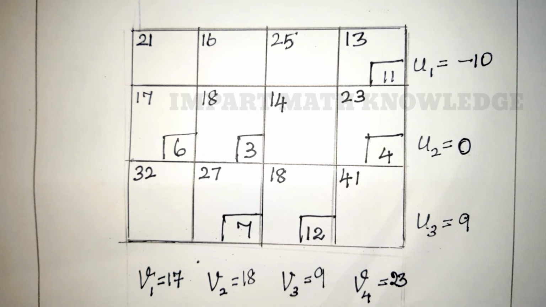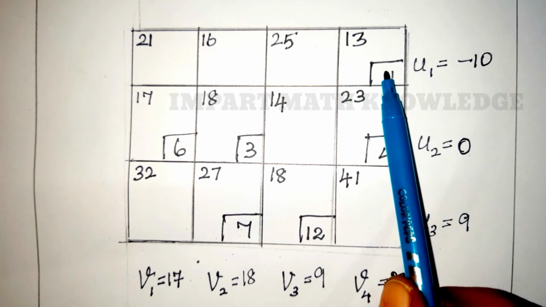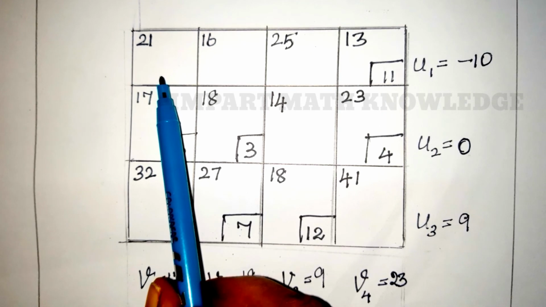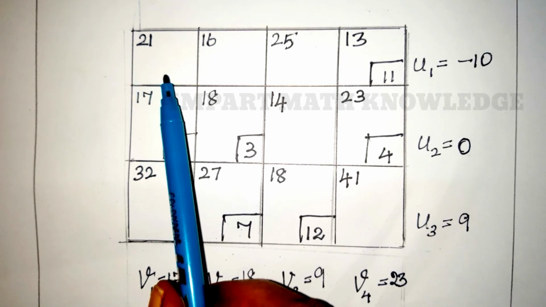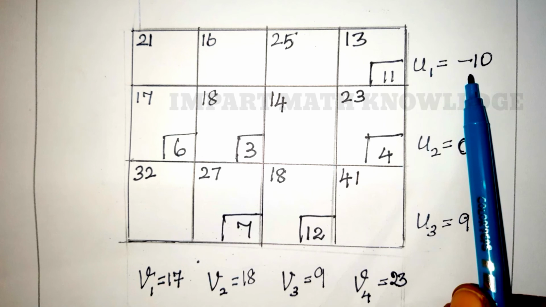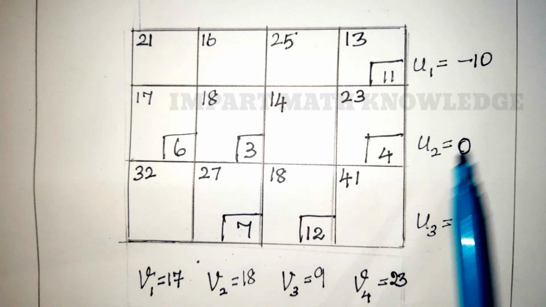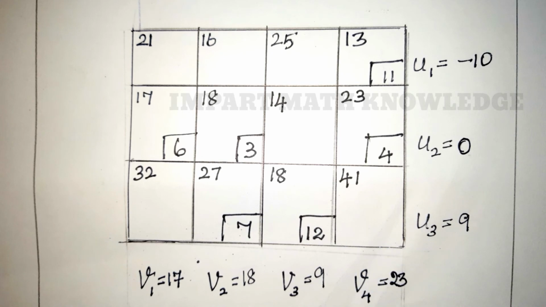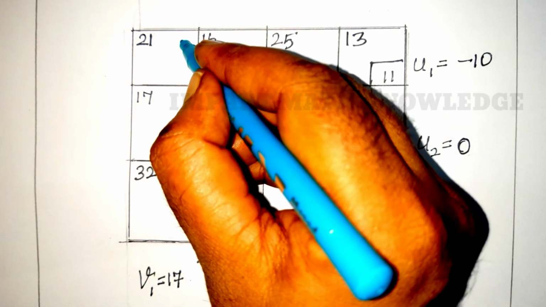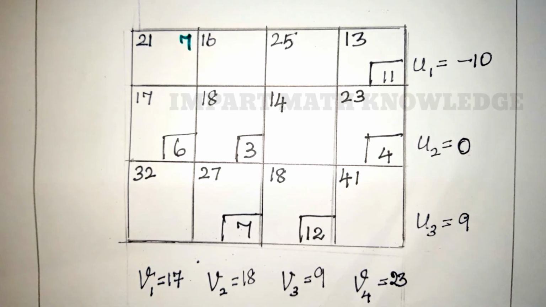In Modi method step 2 you have to find Ui plus Vj for all the unallocated cells. This is an allocated cell. This is an unallocated cell. The first cell is an unallocated cell. For this cell U value is minus 10, V value is 17. If you add these two values you will get 7. 17 minus 10 is 7.